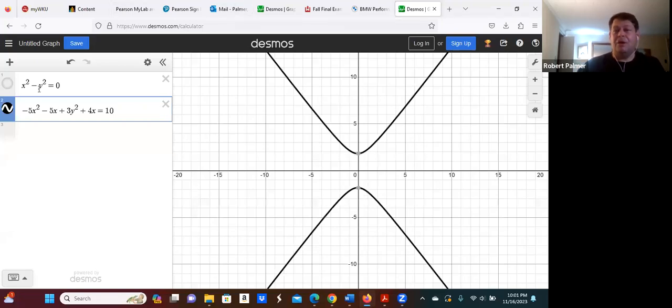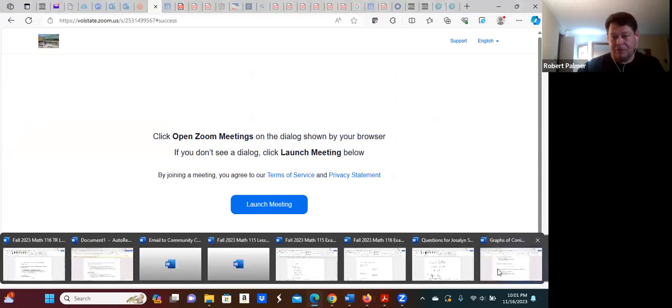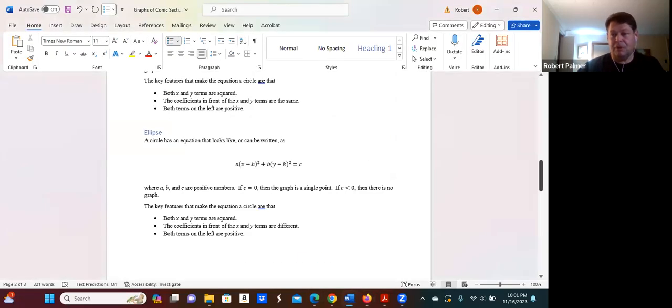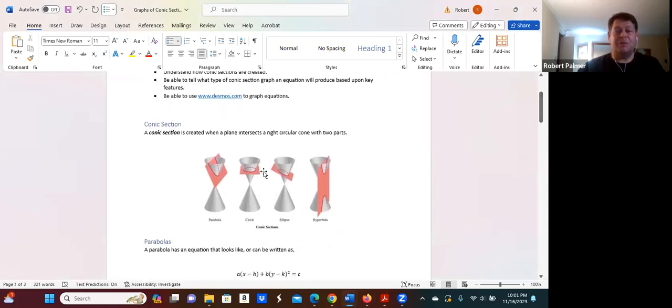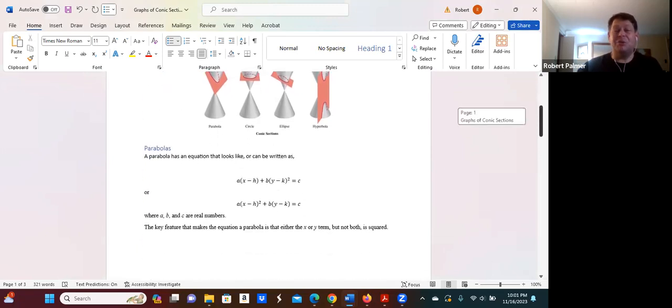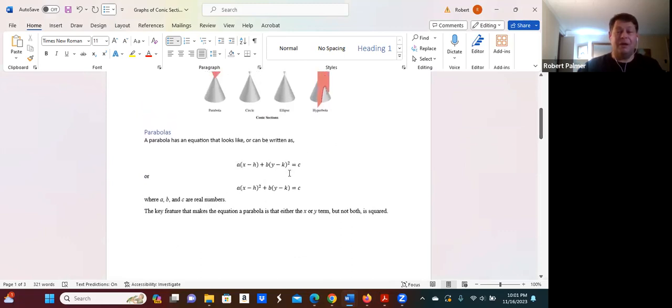Okay, so to wrap up what we've seen so far, in review, we have the 4 different conic sections. Depending on how you cut across these 2 cones, you get these 4 different conic sections. And we talked about the main features of each one, things that distinguish one from the other. For a parabola, either the x term or the y term is squared, but not both at the same time.